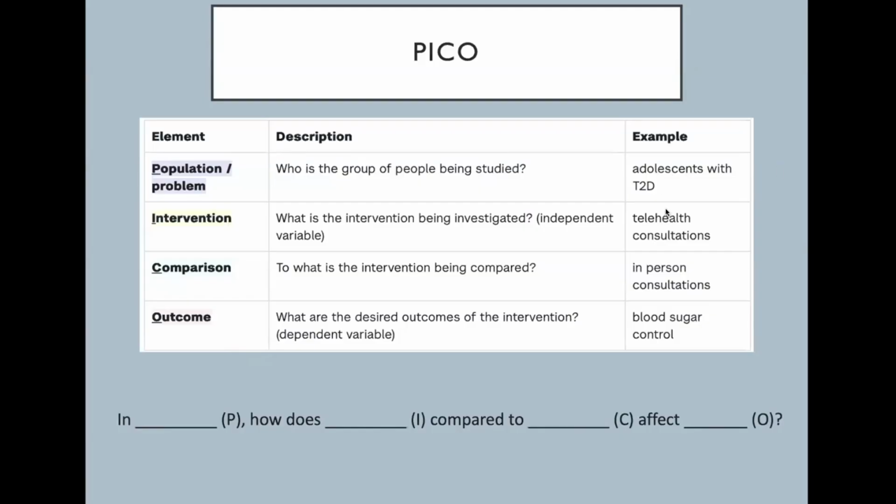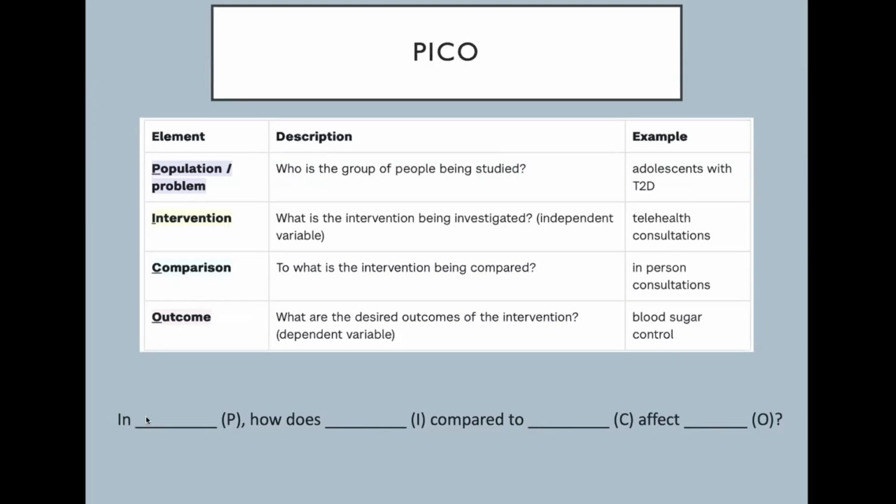So in adolescents with type 2 diabetes, we're studying telehealth consultations compared to the comparator that we're looking at to evaluate those telehealth consultations, so compared to in-person consultations. And the outcome that we want to look at between that intervention and the comparison is blood sugar control.